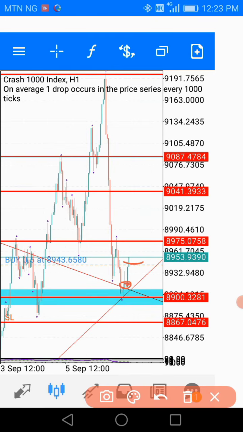Though that's risky, with the confirmation you see what later happened. I would have taken the risk, and by now I would have been in the market for like an hour plus. But it's still okay, and that's how we roll. That's how we do it, guys. Forex can be so easy when you know what's happening, especially boom and crash. So that's it.